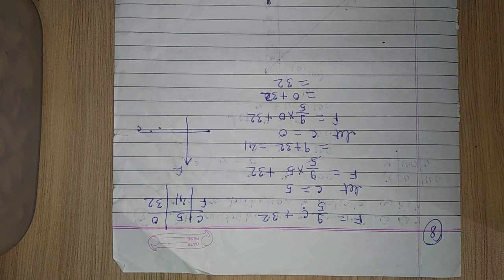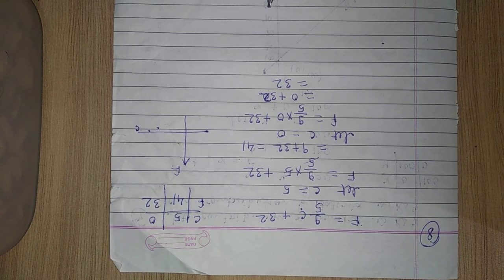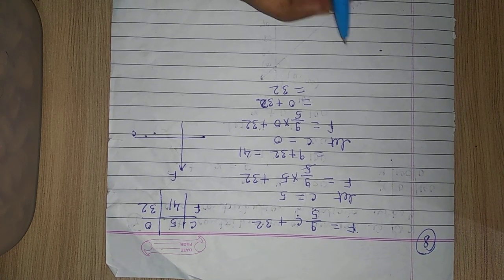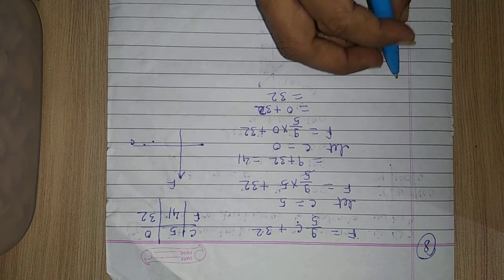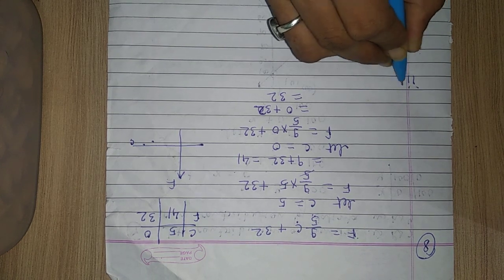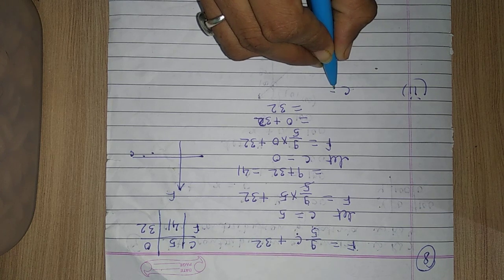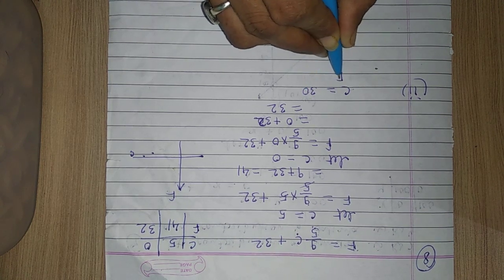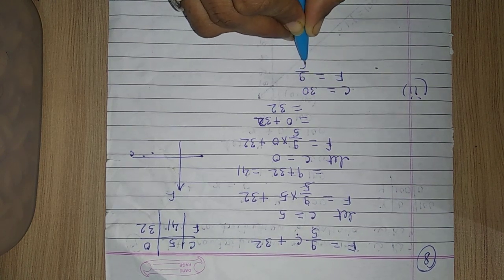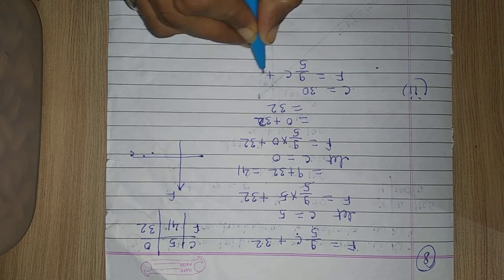Now the second part of the question is, if the temperature is 30 degrees Celsius, what is the temperature in Fahrenheit? In second part, when C is equal to 30. So F is equal to 9 upon 5C plus 32.